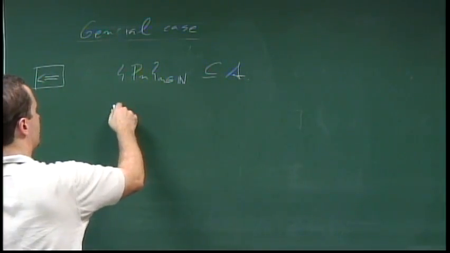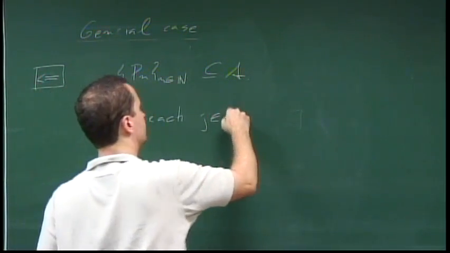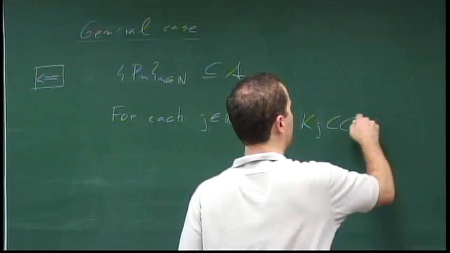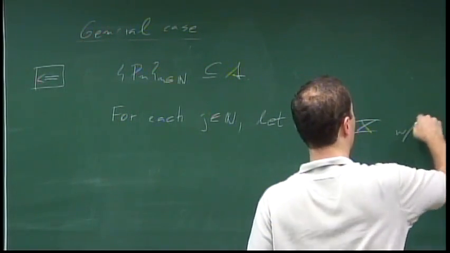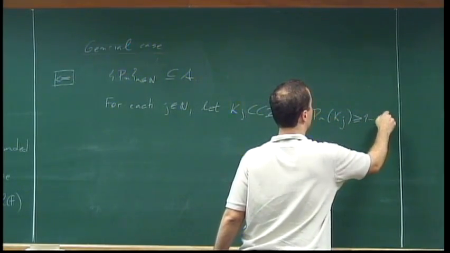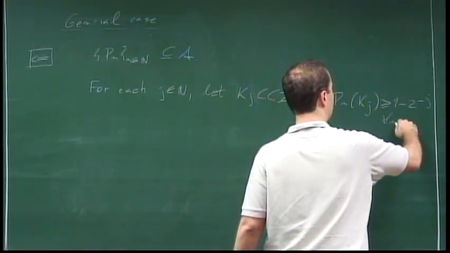So for each j and n, let Kj be a compact subset of X with Pn of Kj greater than 1 minus 2 to the minus j. Well, you put your favorite sequence that goes to 0 here, for all n.